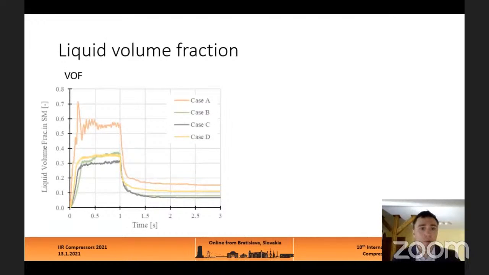The result that we have seen before, we can see also in these graphs. So here we are looking at the liquid volume fraction in the suction muffler. And as I mentioned, for the volume of fluid method, the basic design, we have quite a lot of liquid in the domain. But for the rest of the cases, the amount of liquid is decreased.